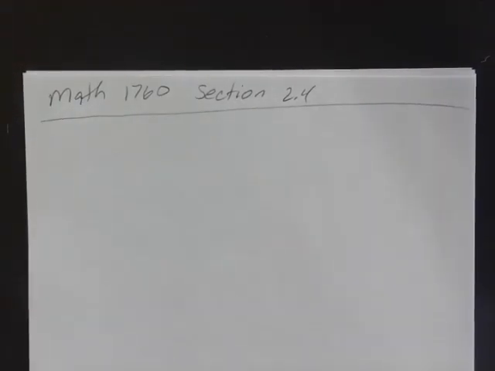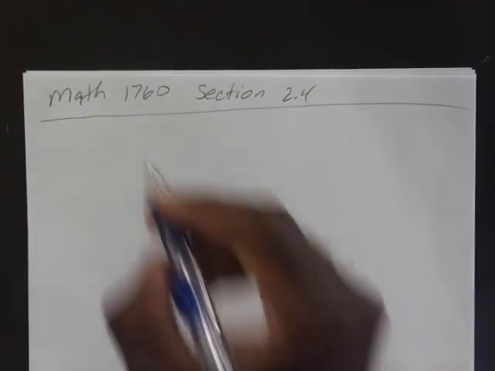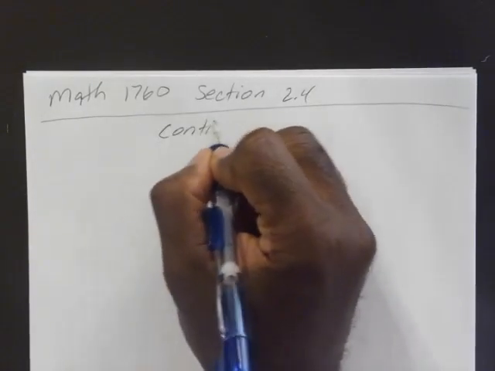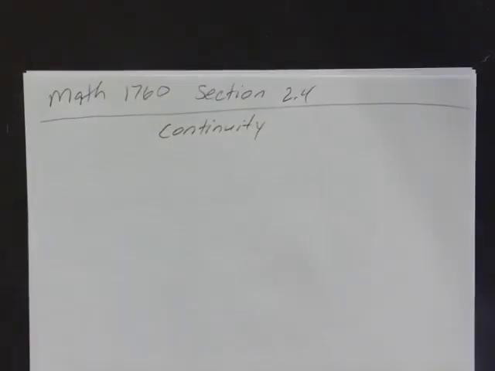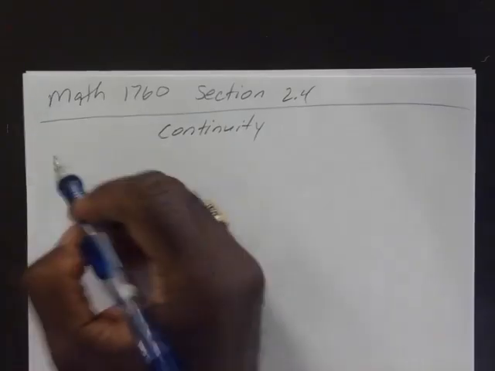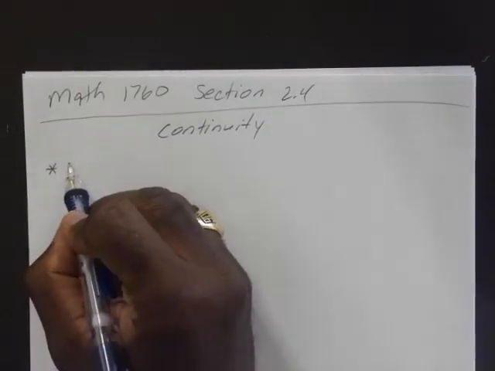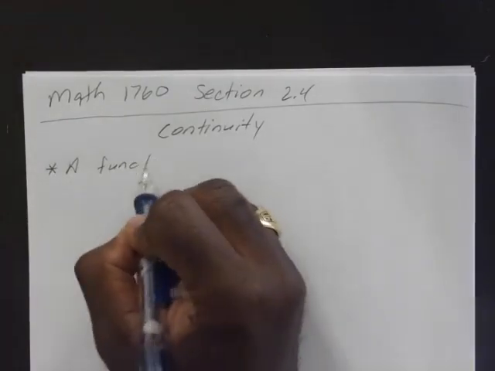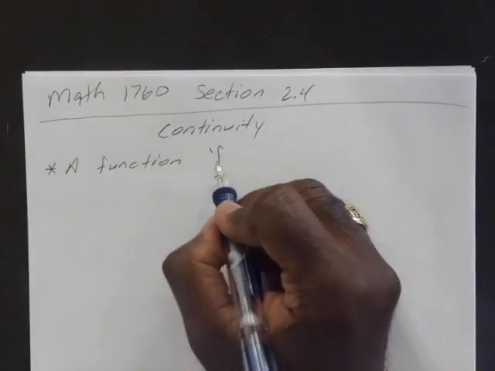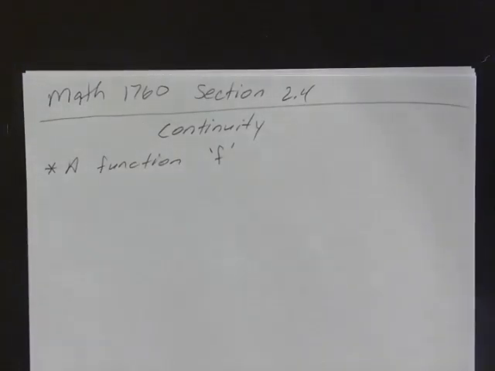Okay, so we're going to go ahead and start on section 2.4, which covers continuity. Okay, so we know just by definition that a function that we will call f could be f of x, f of t, excuse me, whatever the independent variable, we'll just say some function of f.